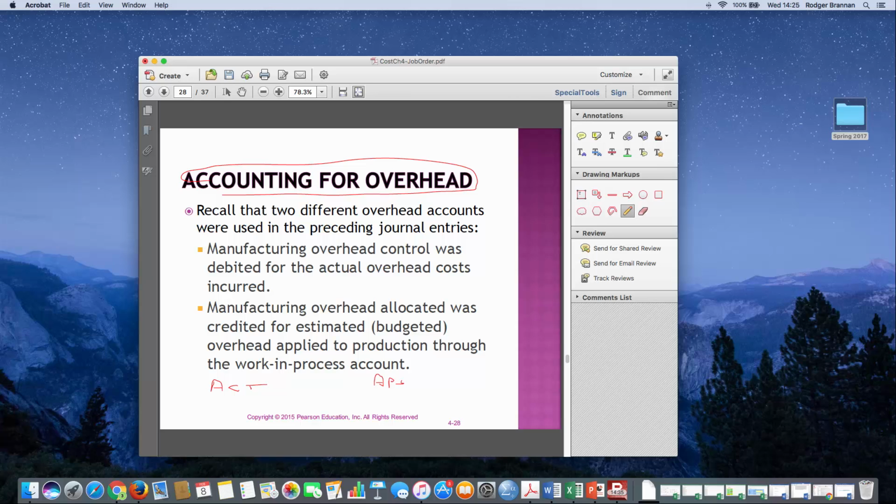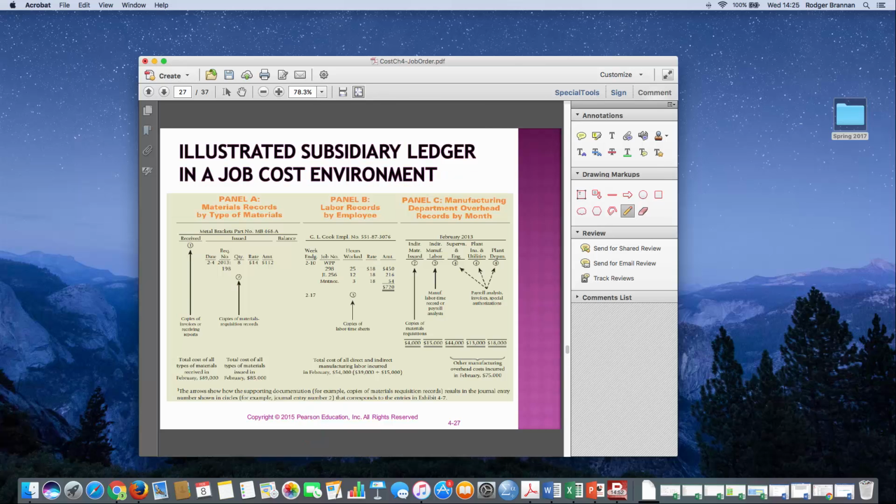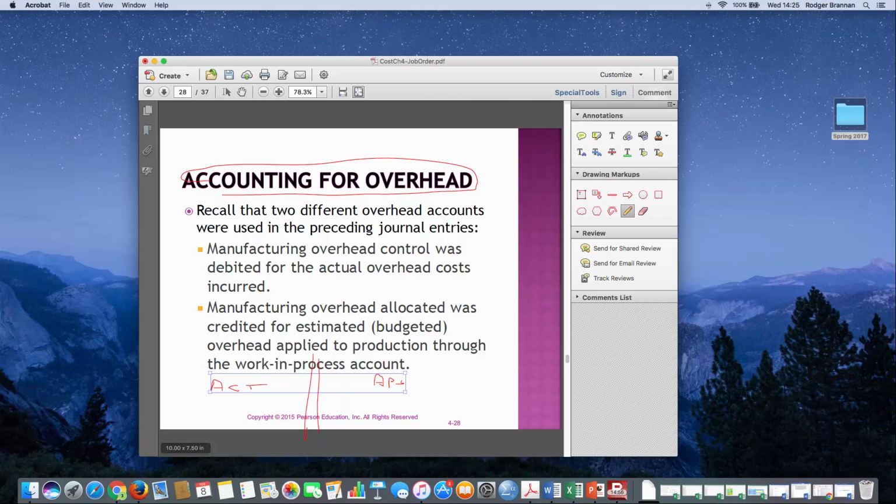Applied or allocated would be whenever a job is complete, a debit is made to work in process of the job, and a credit is made to applied. So these two things are happening, in a sense, independent of each other throughout the year. However, GAAP says that at the end of the year, I need to make sure that my financial statements reflect my actual overhead.